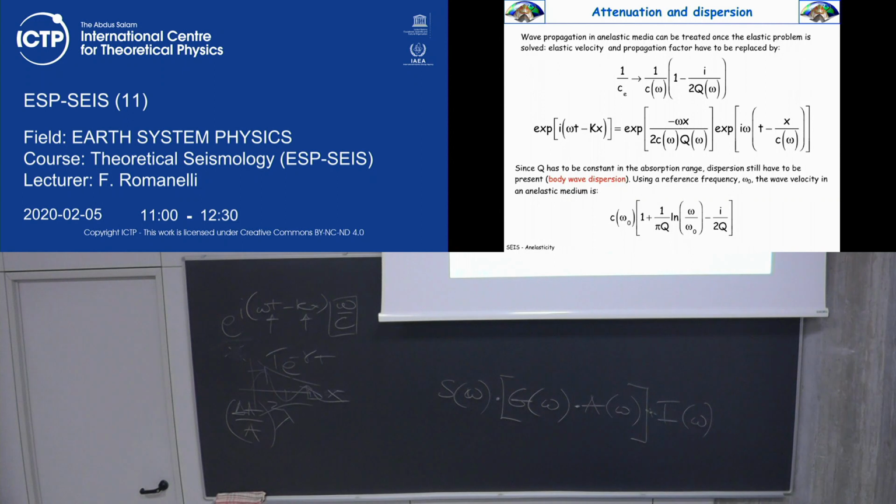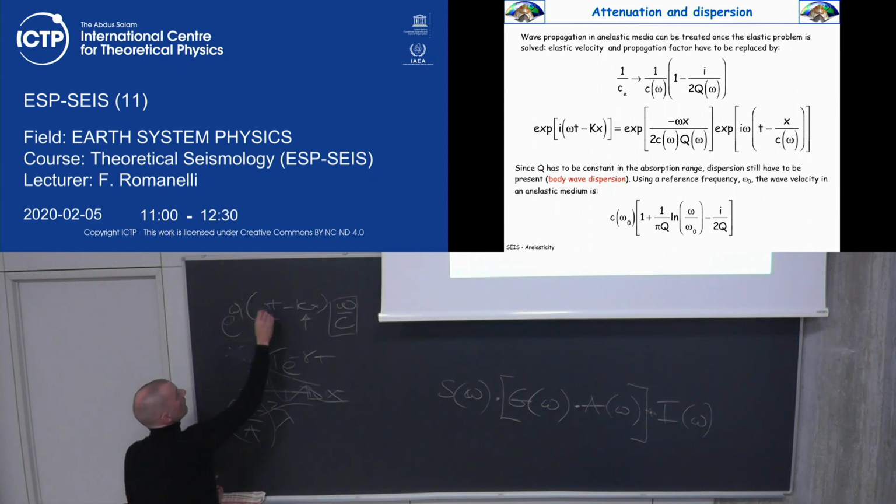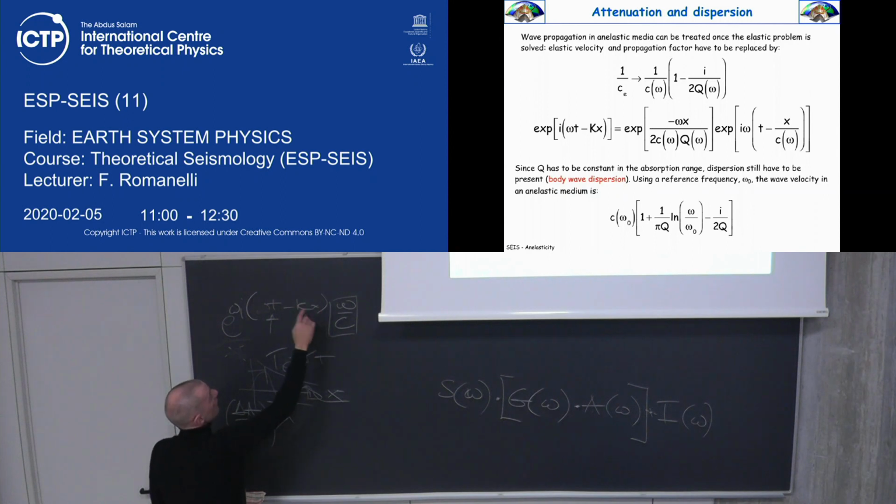We defined it during the lecture in November 2019, when we introduced horizontal apparent velocity. 1 over c was called slowness. And it's there because if you take omega out, that's t minus x over c.